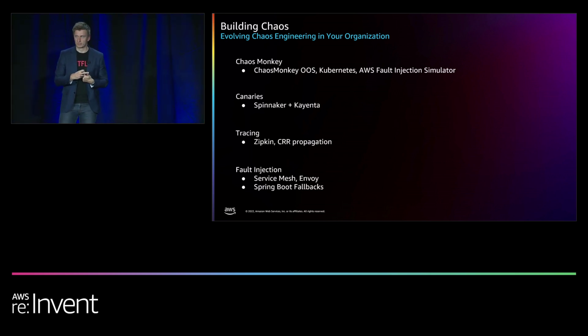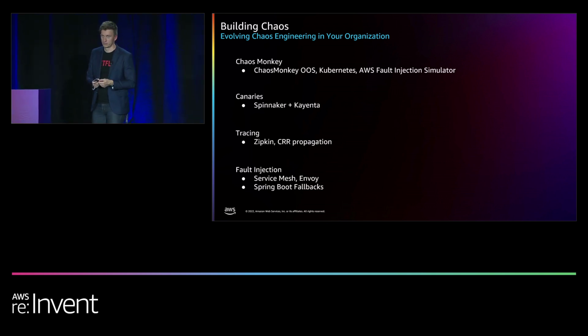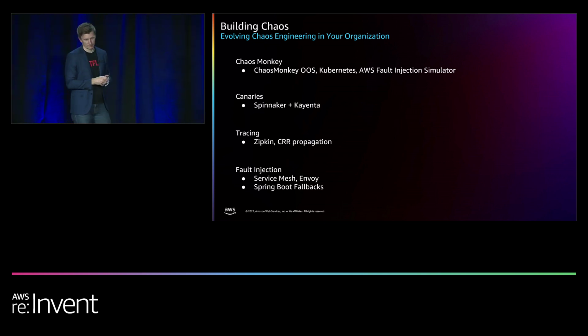And that way, for example, the interceptors or sidecars are an excellent injection point where you can implement that logic of injecting some kind of failure or treatment. Also, Spring Boot fallbacks are already something that is available, and you can experiment with fallbacks and make sure that you are actually having those fallbacks, because if you don't, there's probably no point in running those chaos experiments in the first place.